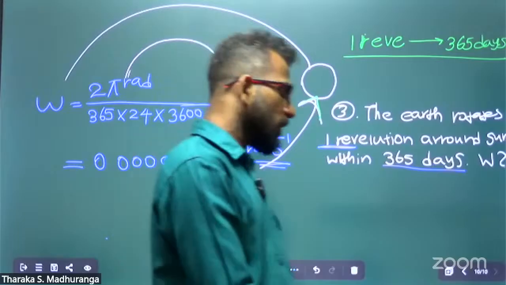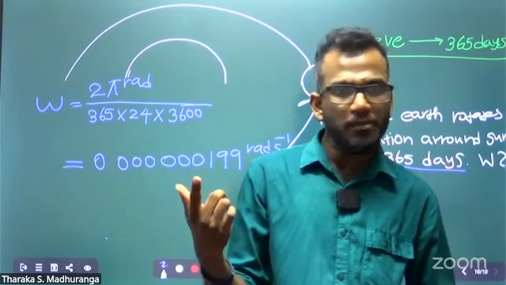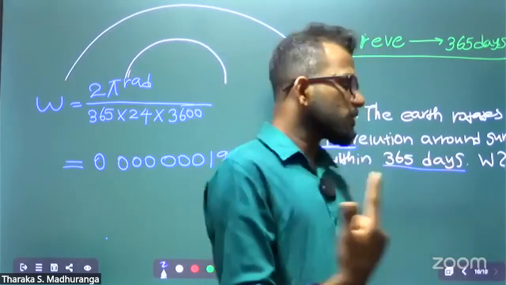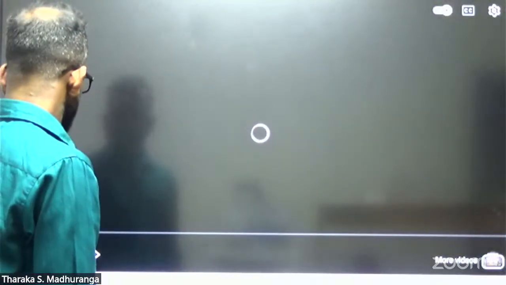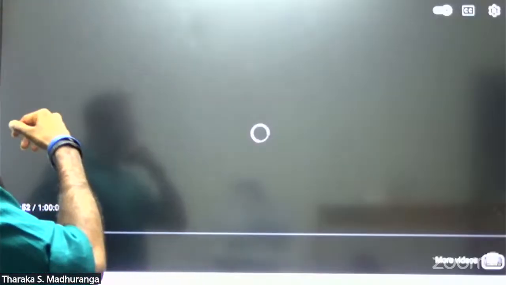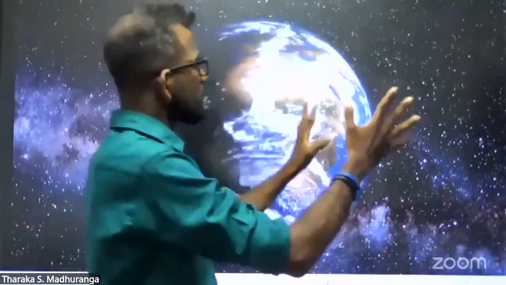Okay, if you want, you can try the Earth's rotation. Per one rotation, how much time does it take? One rotation of the Earth means one rotation around itself.